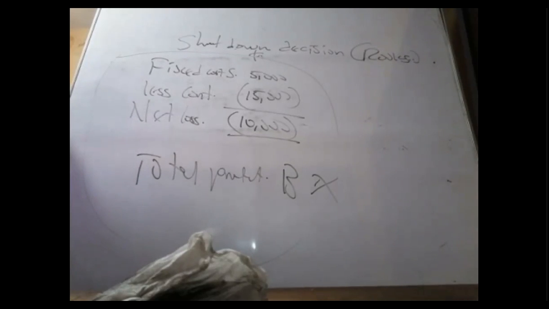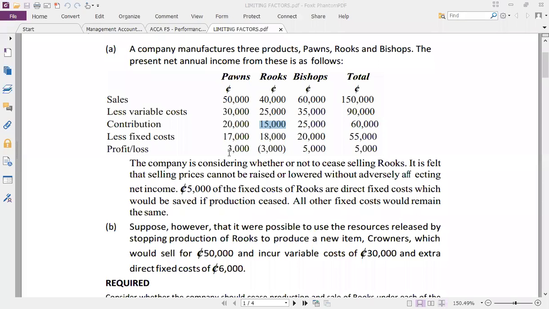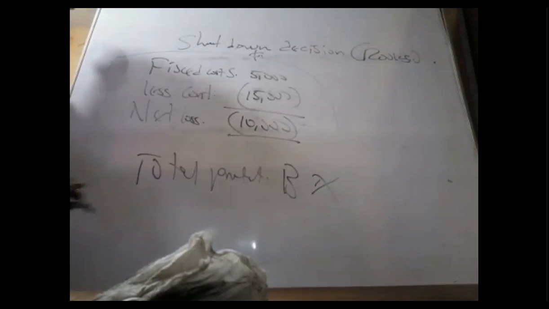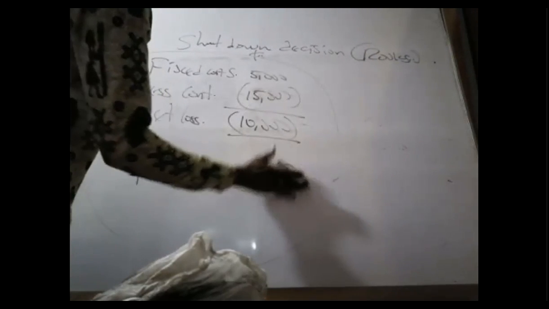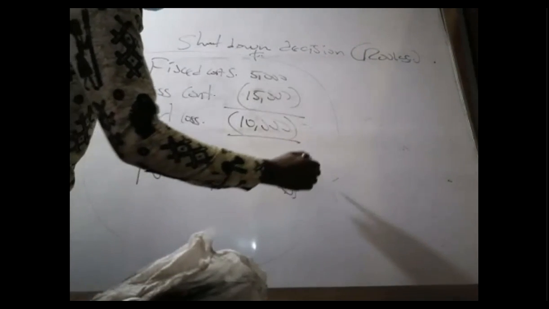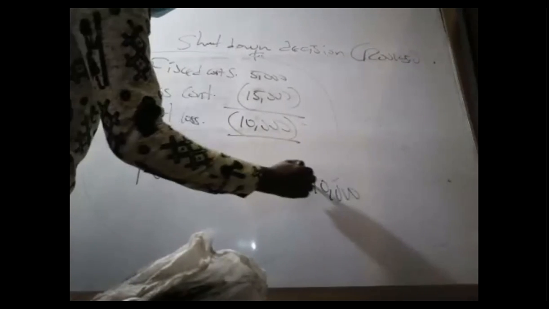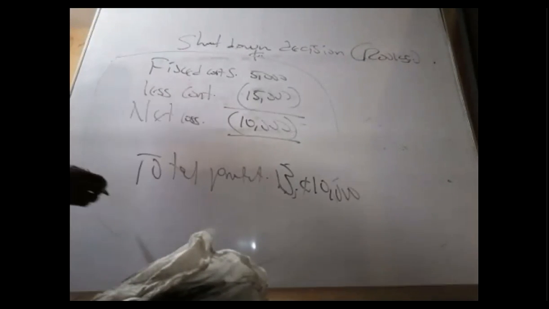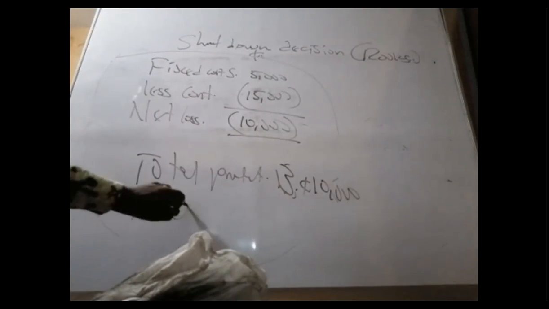The profit over there: 3,000 minus 3,000 is 0, 5,000 plus 5,000. So now the total profit before the shutdown is 10,000. So total profit before shutdown is 10,000. Now come back again and say total profit after shutdown.